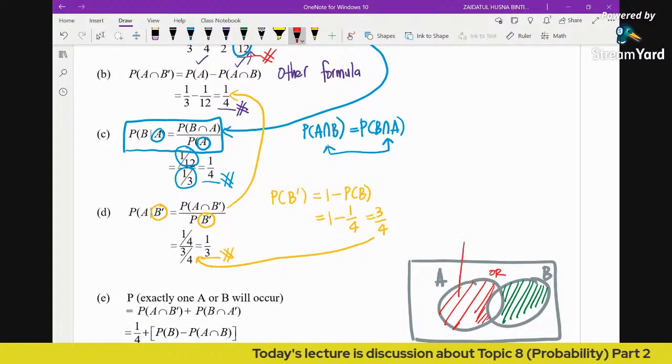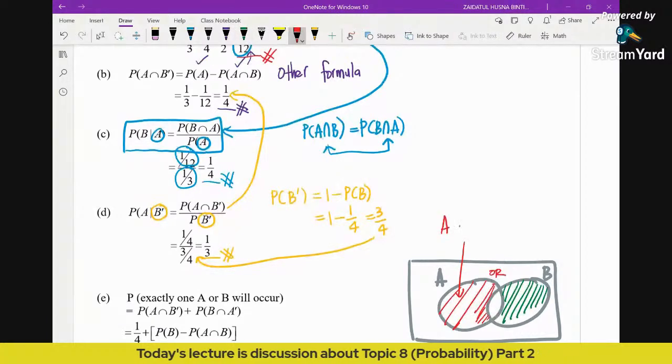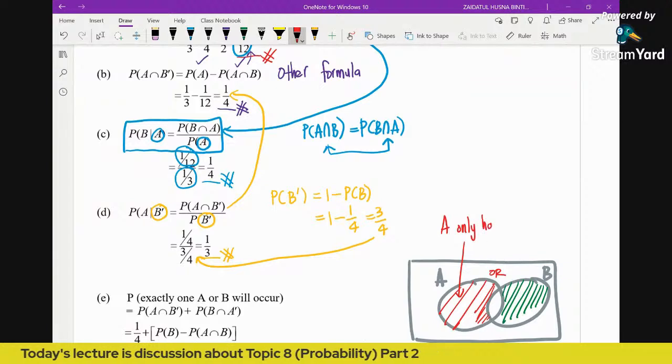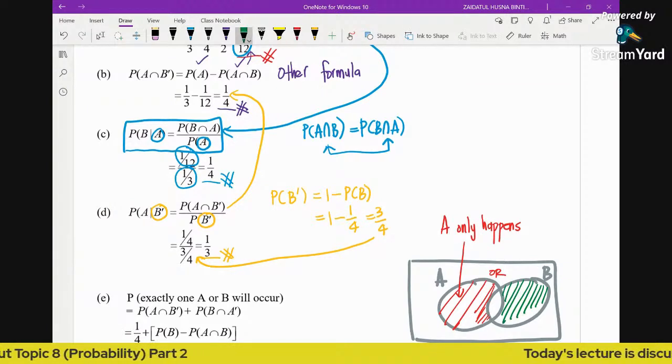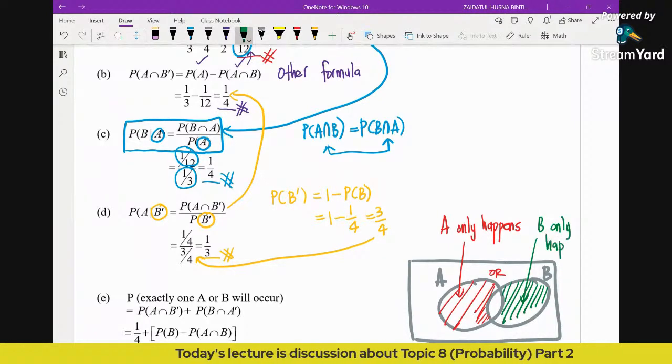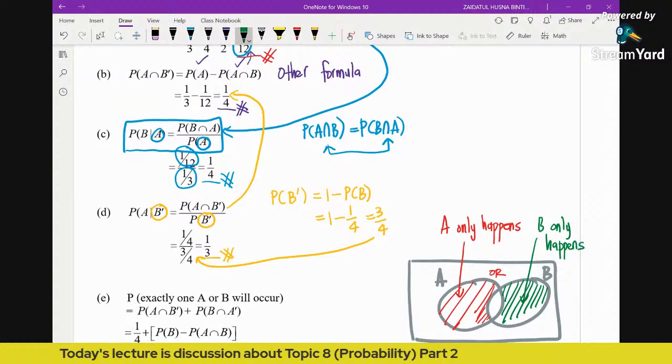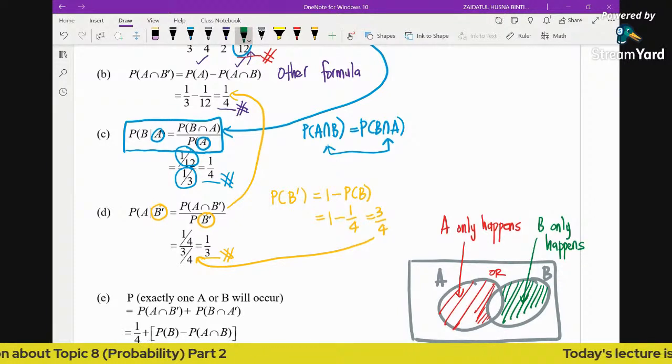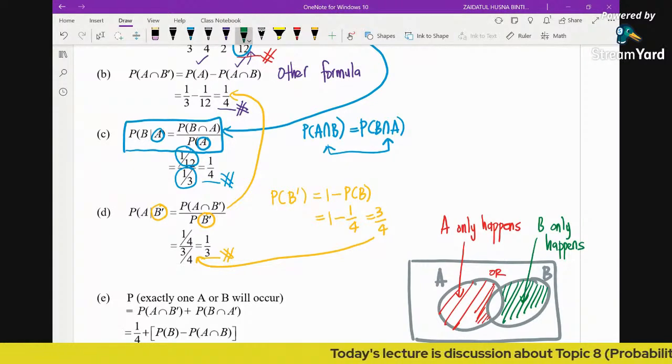The red region means A only happens, and for the green one, B only happens. Because the question says exactly one of A or B will occur, it's about the red region or the green region.